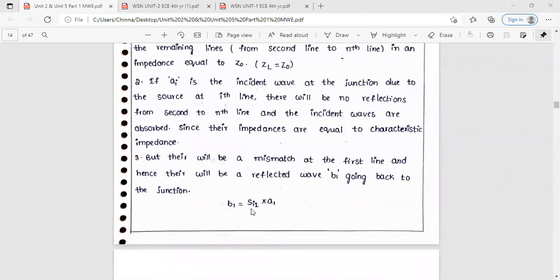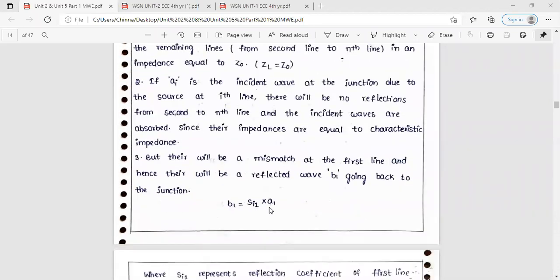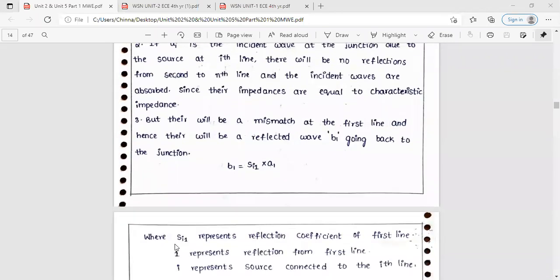Then B1 is equal to S_i1 times A1, where S_i1 represents the reflection coefficient of the first line.